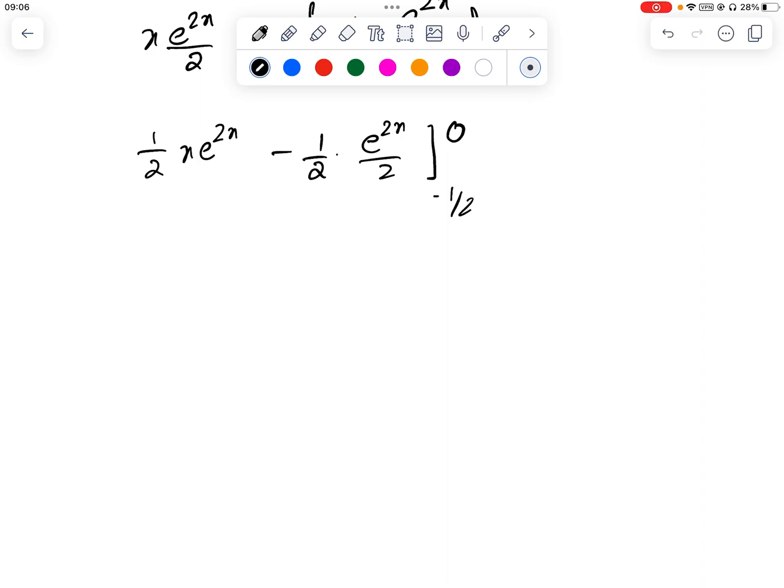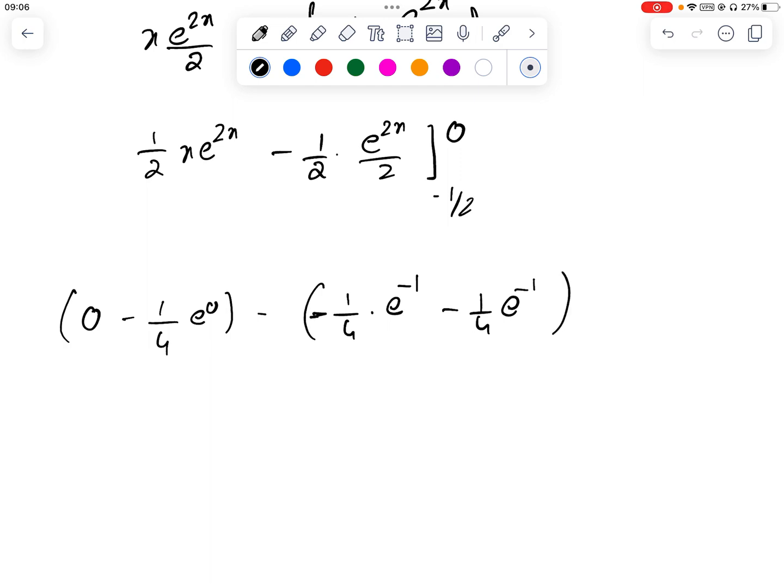So when I plug in 0, 0 minus 1 upon 4 times e power 0, minus, at negative 1 upon 2, negative 1 upon 4 times e power minus 1.